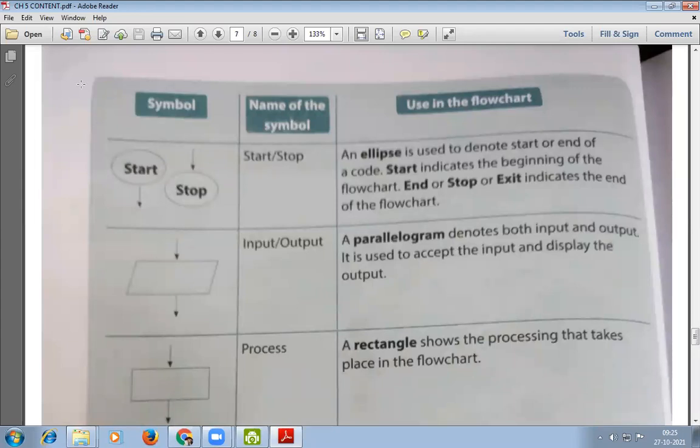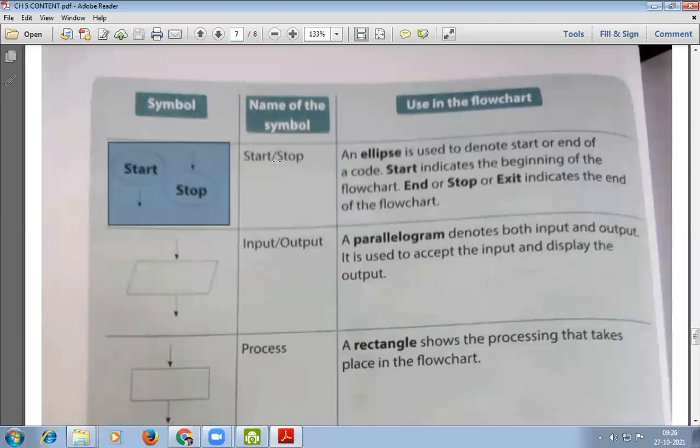The left column is for the symbol, the second column is representing the name of the symbol, and this one represents the use in the flowchart. So the first symbol is start and stop.